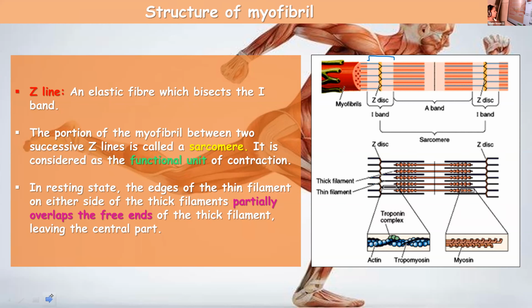When the myofibril is in the resting stage, the edges of the thin filaments on either side of the thick filament partially overlap the free end of the thick filament, leaving the central part. So in the figure it is clear. As I told you already, the orange color in this figure, the orange color you see.